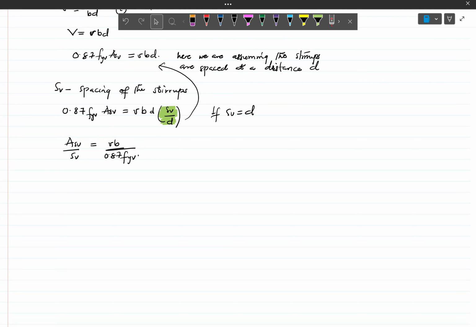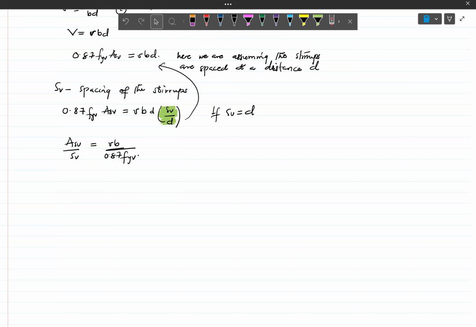So bringing in stirrups is going to augment the strength of the concrete so that the two of them can work together and have enough shear capacity against the shear stress.